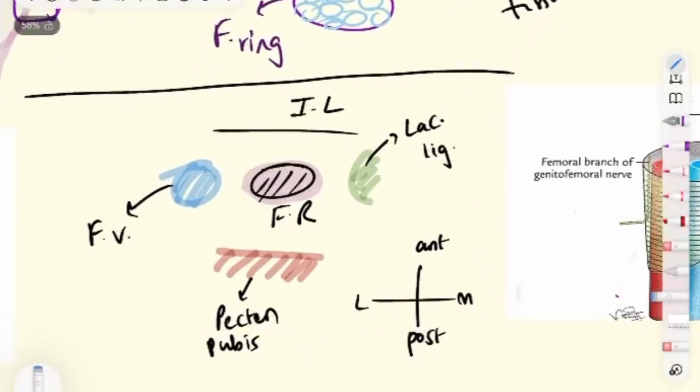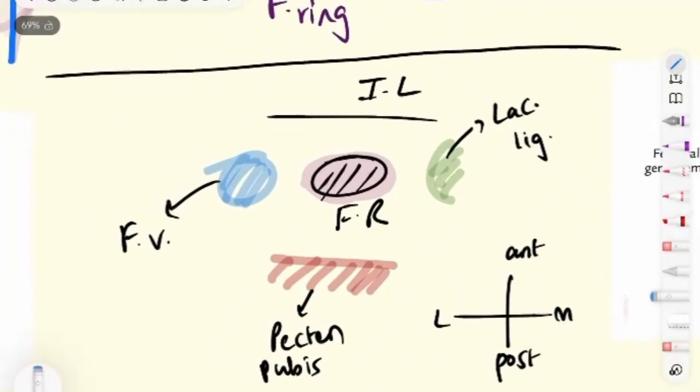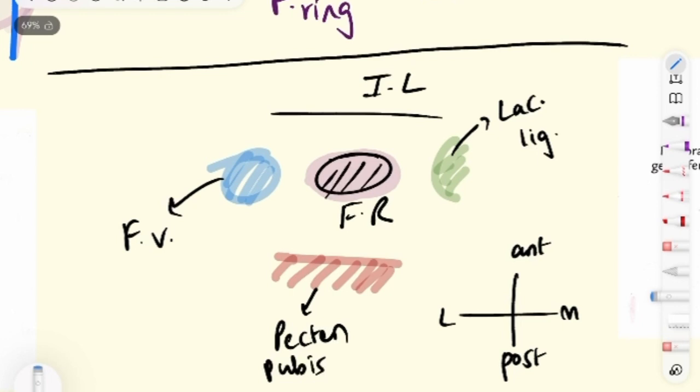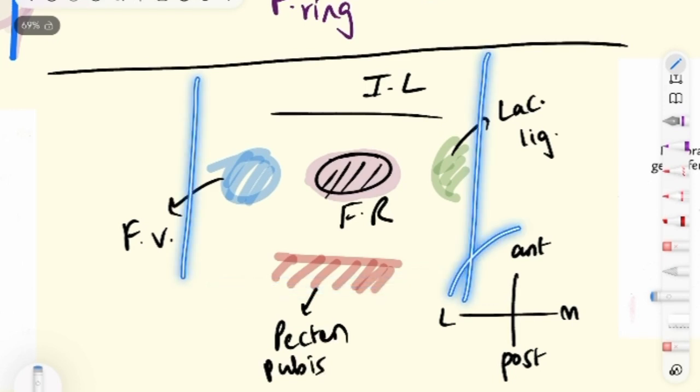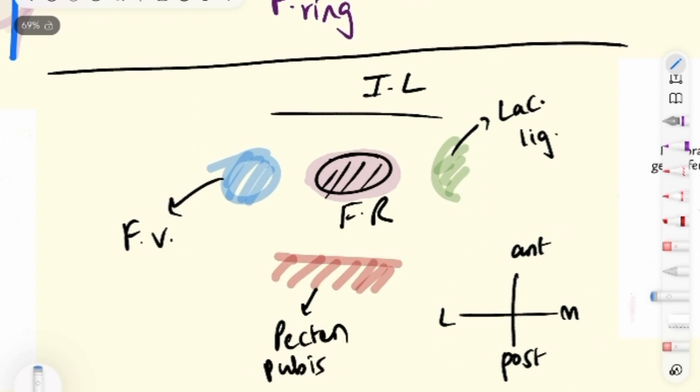Now, let us see the boundaries of the femoral ring. This is the anterior side, this is the posterior side, this is medial, and this is lateral, as you can see here. Anteriorly, it is bounded by the inguinal ligament, medially by the lacunar ligament, posteriorly by the pecten pubis, P for P, and laterally by the femoral vein.